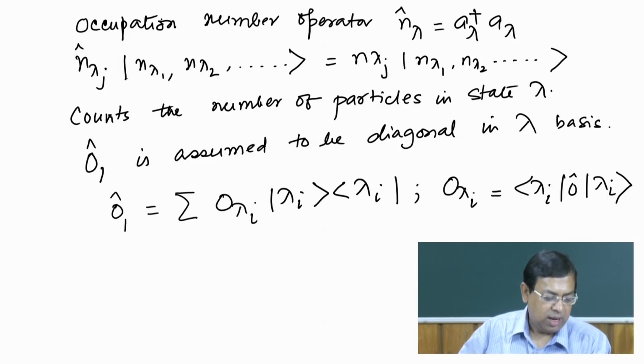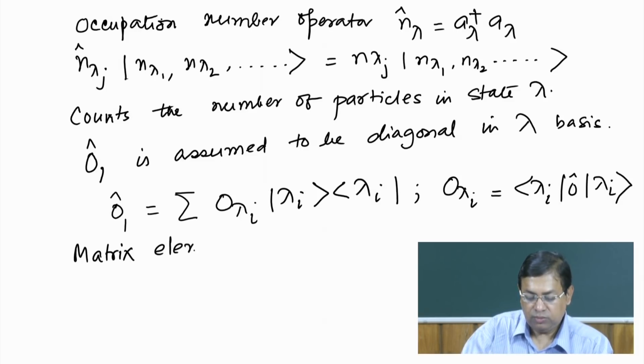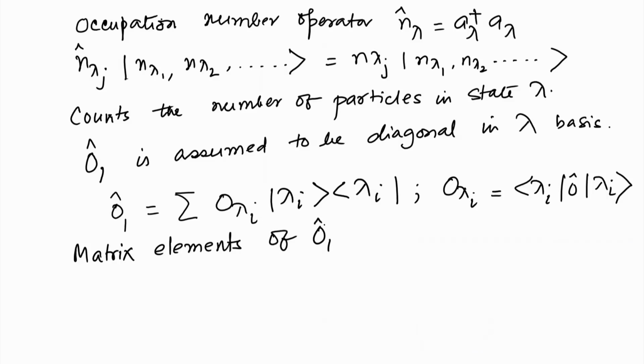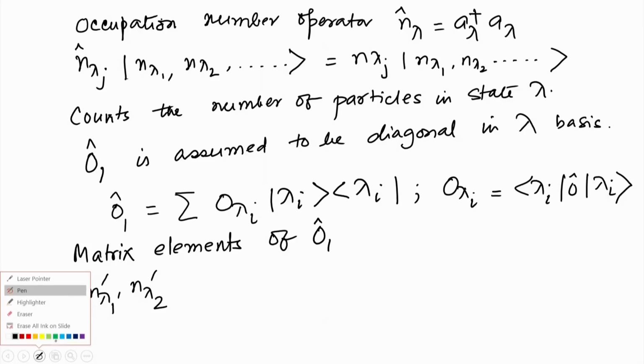So, now with this nomenclature, let us calculate the matrix elements of O1. The matrix elements of O1 are written as n lambda 1 prime, n lambda 2 prime, and so on.